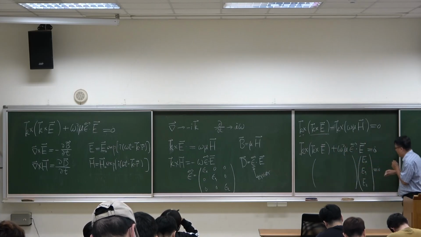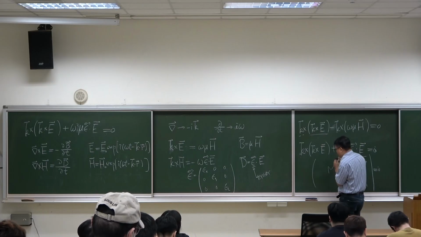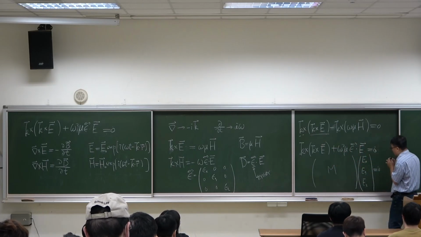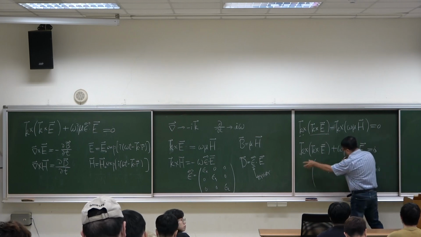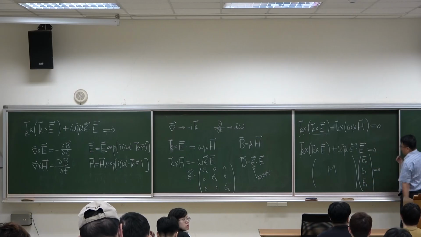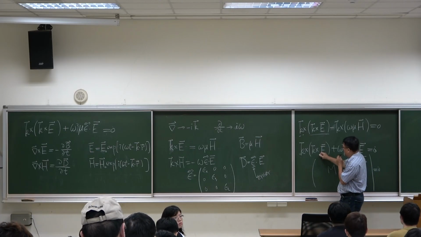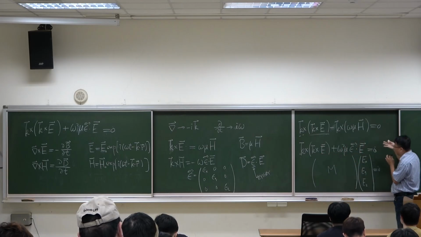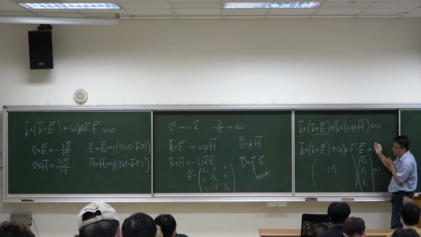And if this matrix has an inverse, then we will conclude that E must be equal to 0, because we can find the inverse of this matrix to get the 0 E vector. However, we want to consider the mode located inside this medium, which cannot be zero field.